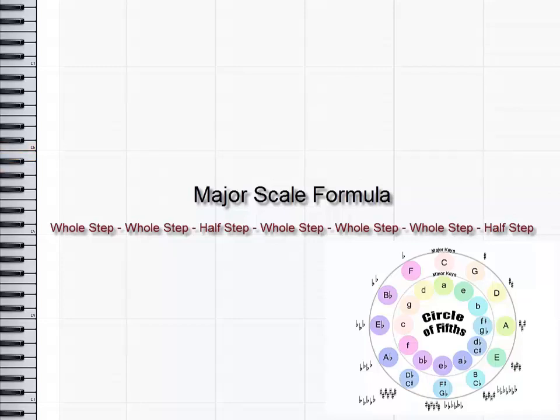Just as the circle of fifths confirms, C major has no sharps or flats, and its parallel key is A minor. So we know how to play C major. Therefore, we know how to play A minor.